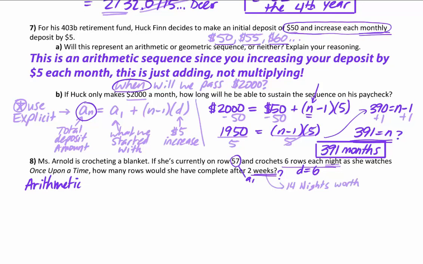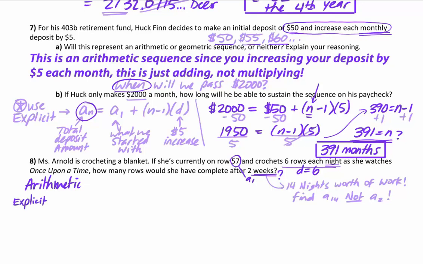And so we're really going to be finding A14, not A2. Valuable to know. So now we can go ahead and we can use the explicit formula that will tell us exactly how to get there.